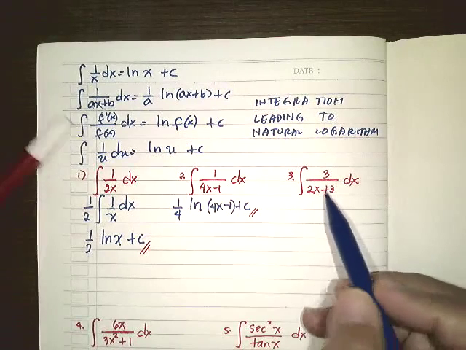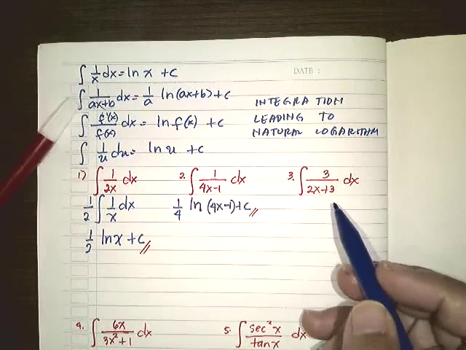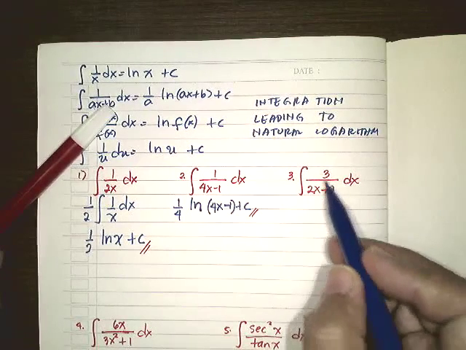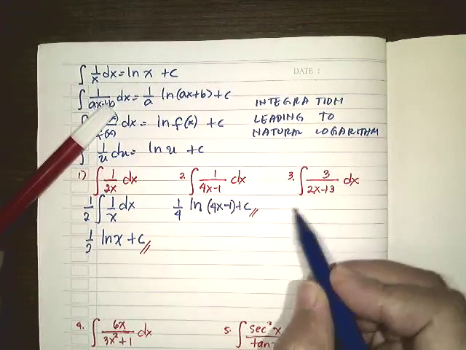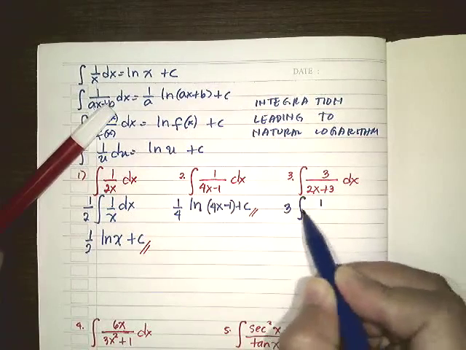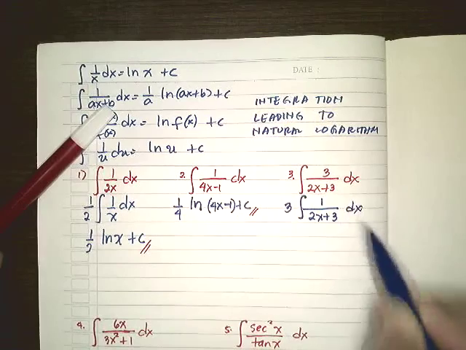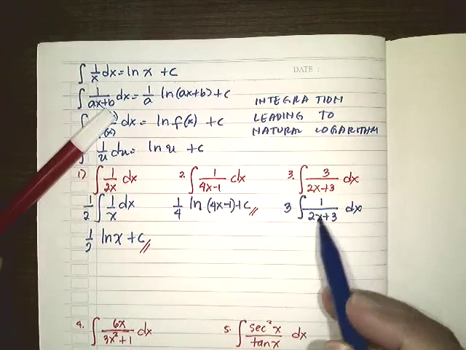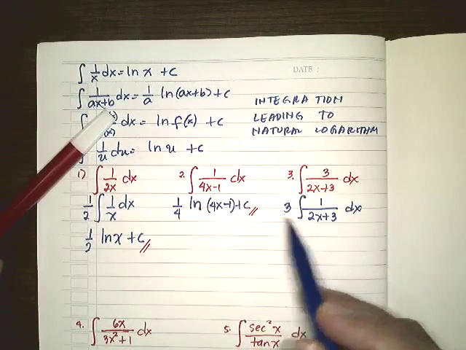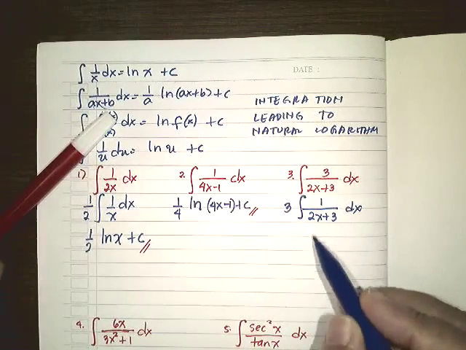This one also follows formula number 2. But this 3, we can just put it outside. So maybe we can rewrite it as 3 times the integral of 1 over 2x plus 3 dx. If you get used to this one, you don't need to bring out the 3 if you don't want to.